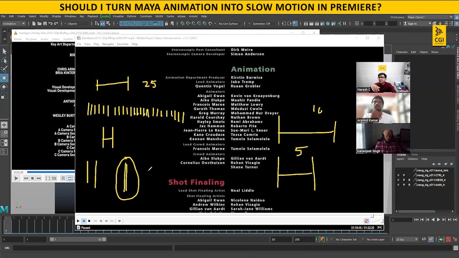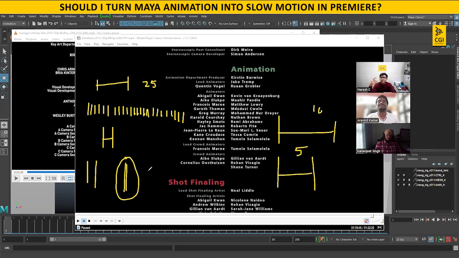So when you animate in Maya earlier, you are animating at 25 frames per second only. When you take the video to Premiere, can you change the spacing in Premiere? No. That is why you cannot make it slow motion in Premiere after we render it. Got it? Yes, sir.